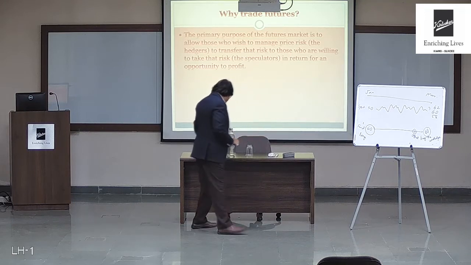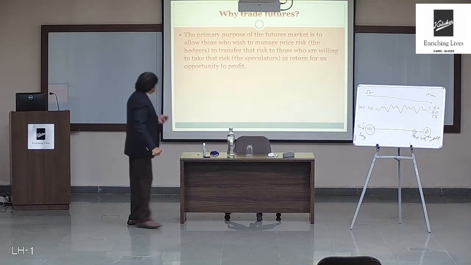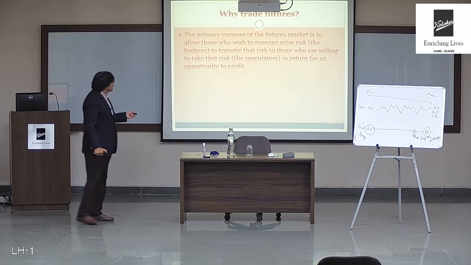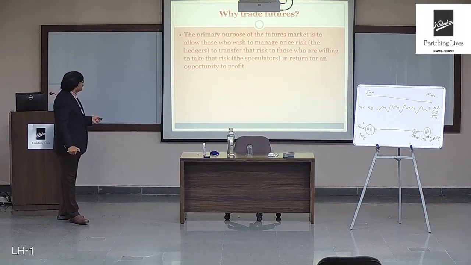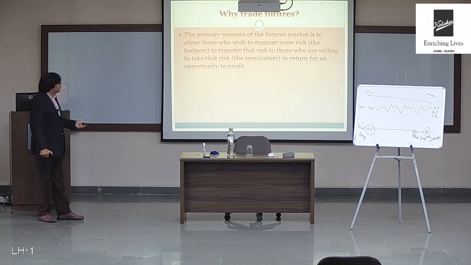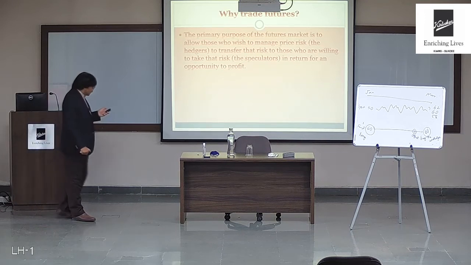So we have seen why the speculators are in the picture: they want to get a return for the position they take. Basically, the hedgers want to take the position to manage their price risk, whereas the speculators try to see whether there is an opportunity to earn profit.